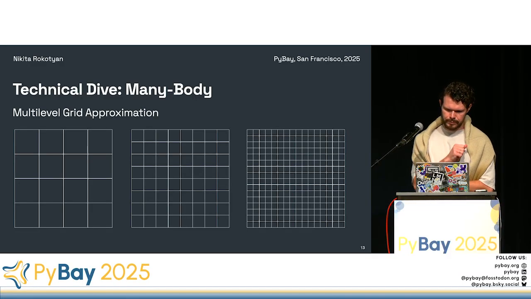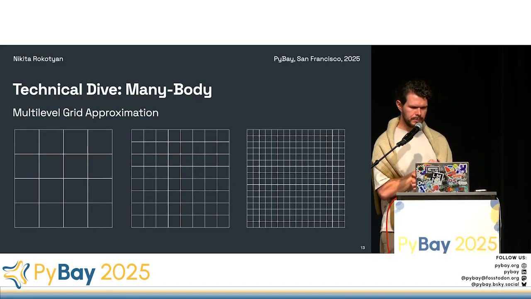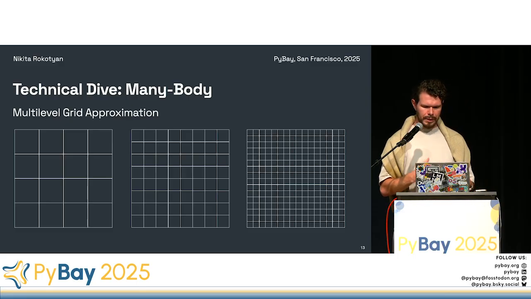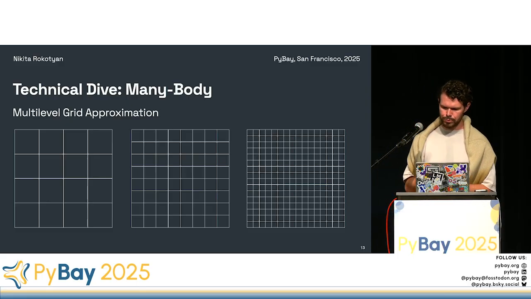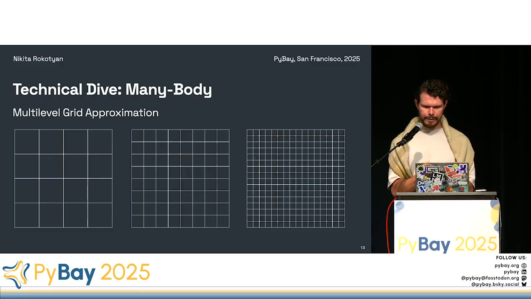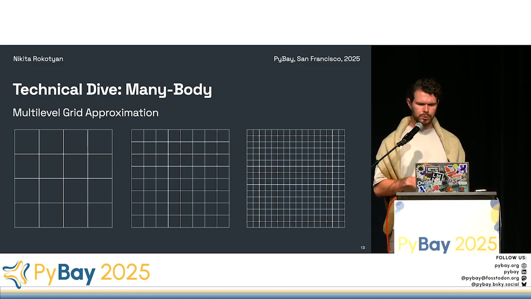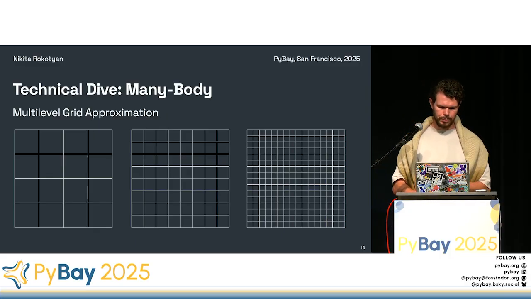So let's go a little bit more technical into this many-body force. If you implement it in a straightforward manner, it has quadratic complexity because every point needs to interact with every other point in the graph. As I mentioned, there are ways to speed it up, but they're tricky to build on the GPU.